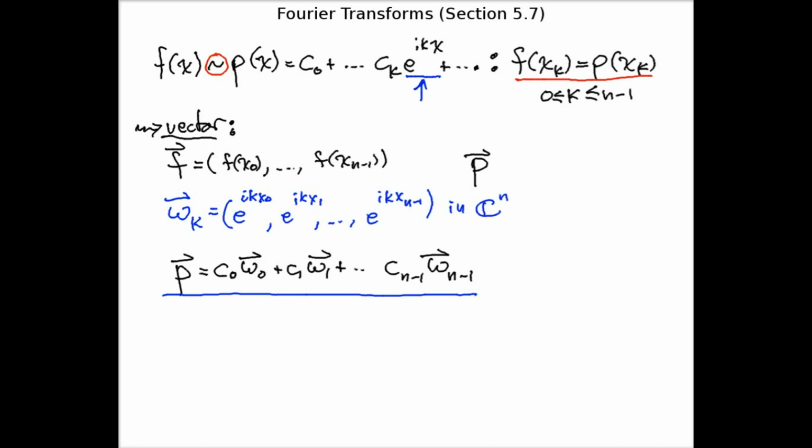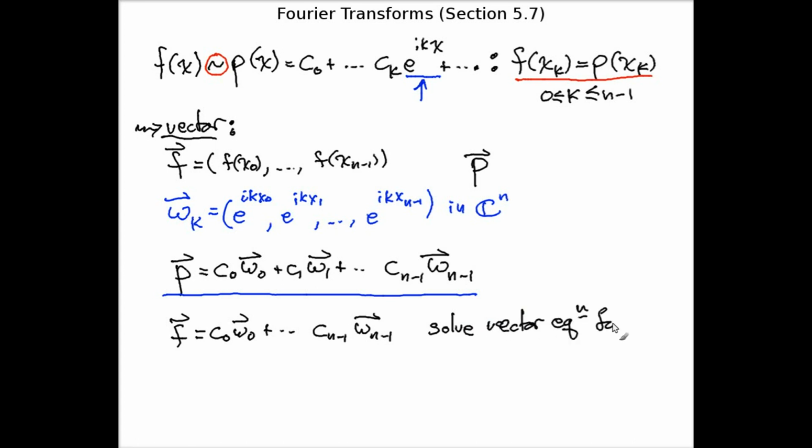And so the identity that I'm looking for is that F is equal to this C0 omega 0 plus dot dot dot Cn minus 1 omega n minus 1. I'm trying to solve this matrix, this vector equation for the C's, C0 up to Cn minus 1.